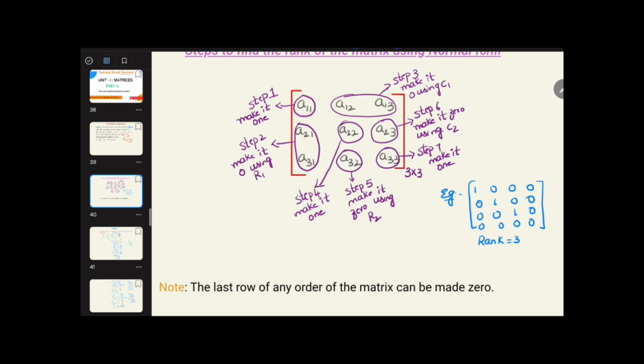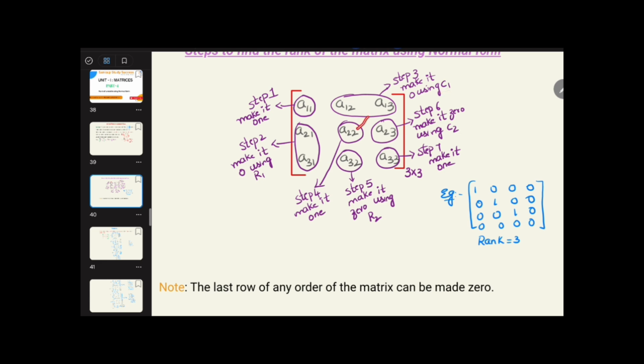In order to make this 1, we have to check for the possibilities to swap with the row or column which has the first element as 1. Next, we have to make these two elements 0, making use of the first row, R1. The immediate next step, step 3, is to make A12 and A13 0 using C1.